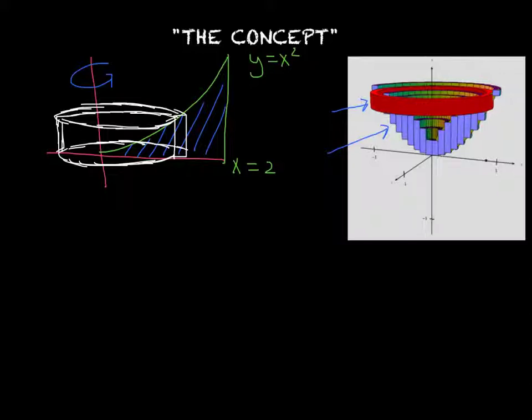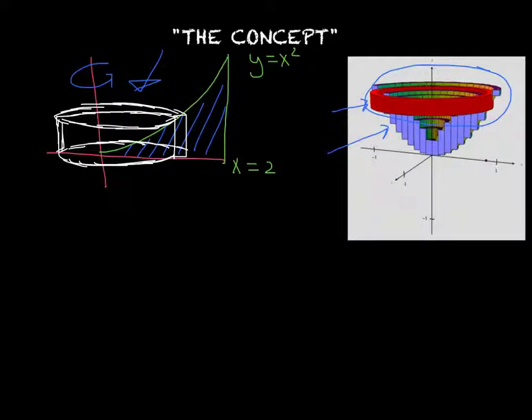Our goal is to find the volume of this resulting solid. As you look at it, you may think that looks kind of weird as far as how to find the volume. However, let's take just this red shell and flatten it out.